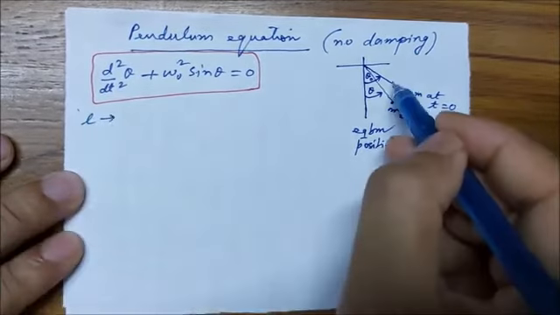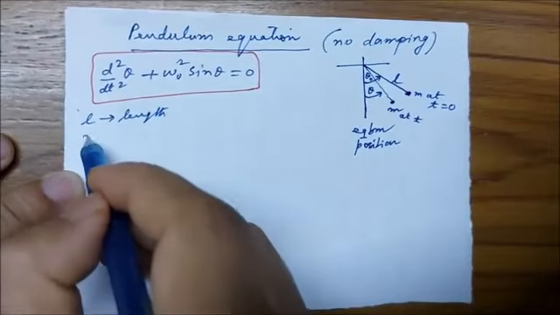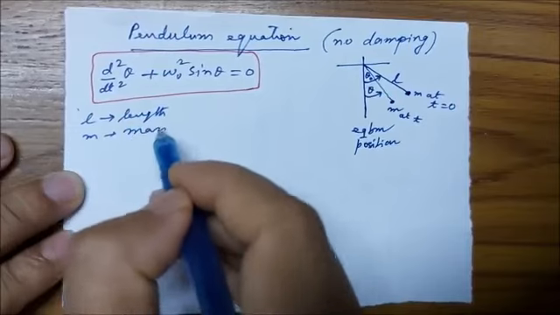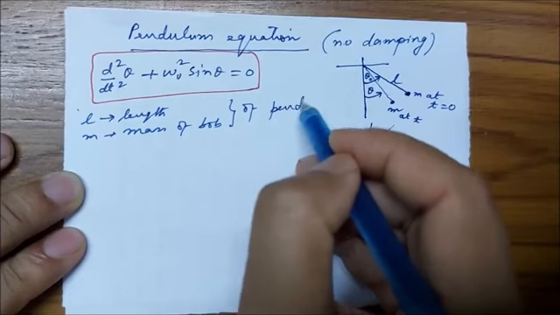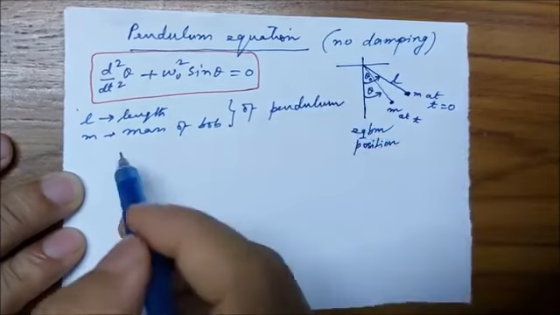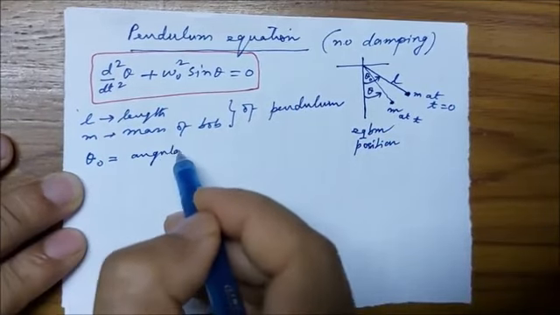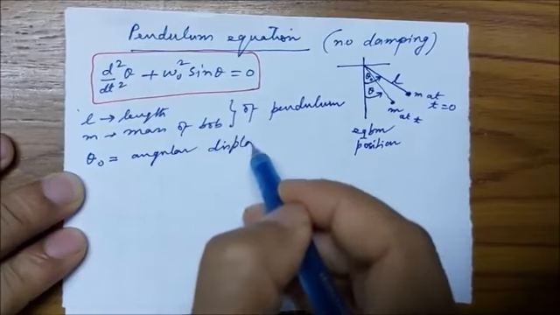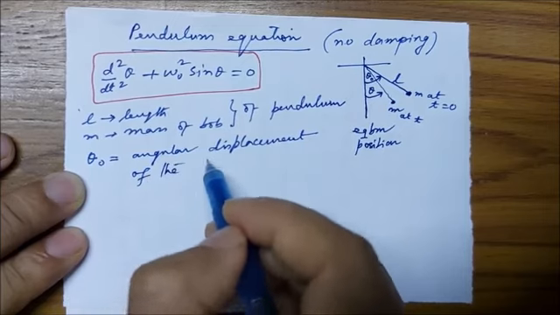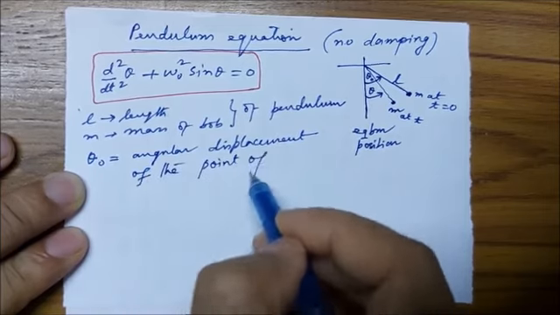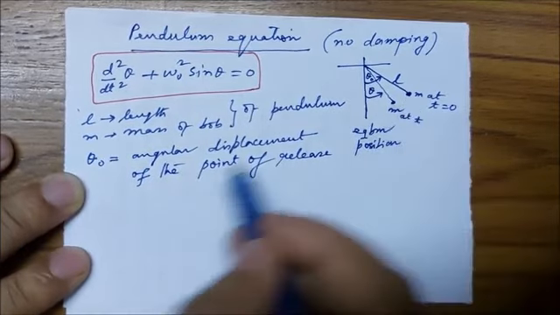Now what is L? L is the length, M is mass of bob of pendulum, theta 0 is the angular displacement of the point of release of the bob or the mass m.